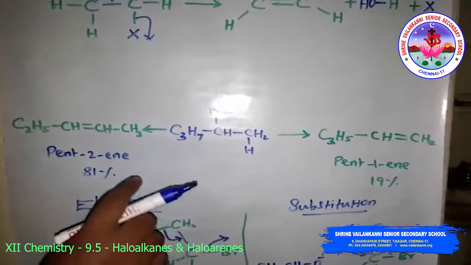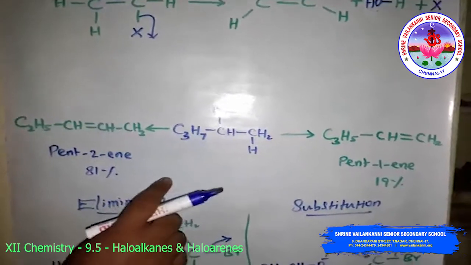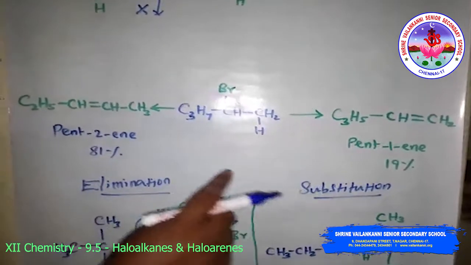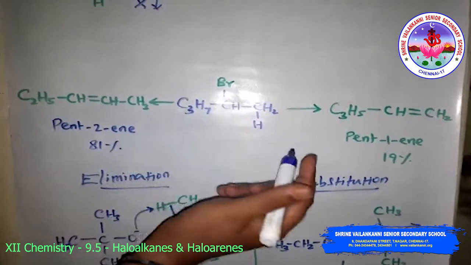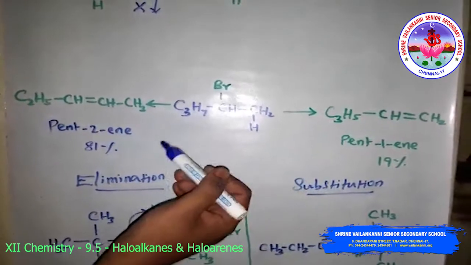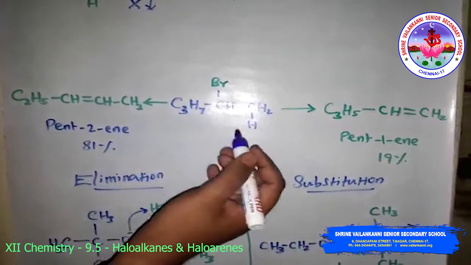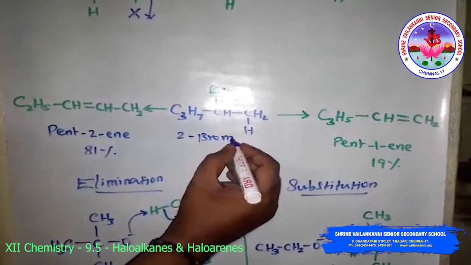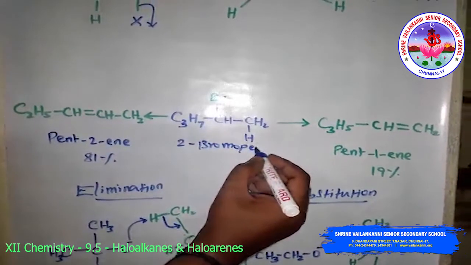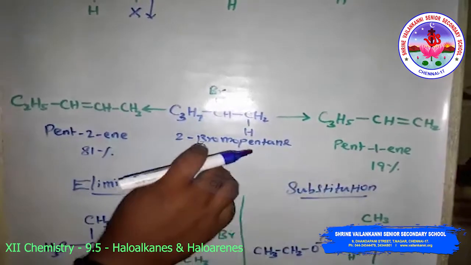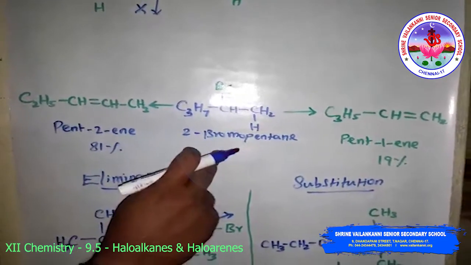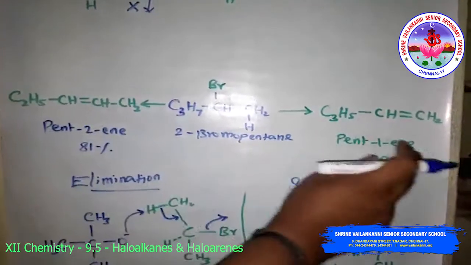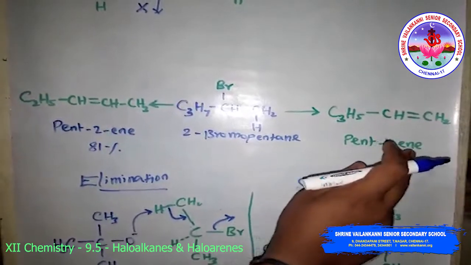He gave an explanation that in a dehydrohalogenation reaction, the preferred product is that alkene which has the greater number of alkyl groups attached to the doubly bonded carbon atoms. Thus, 2-bromopentane gives pent-2-ene as the major product and pent-1-ene as the minor product.